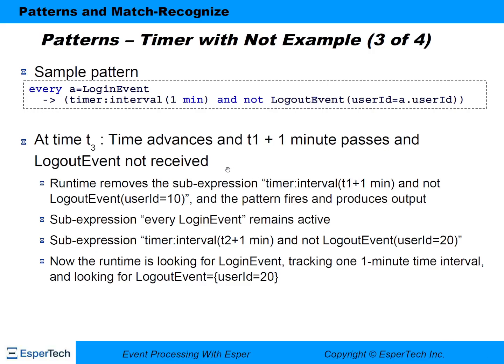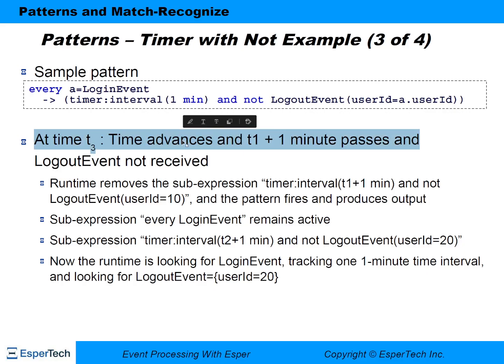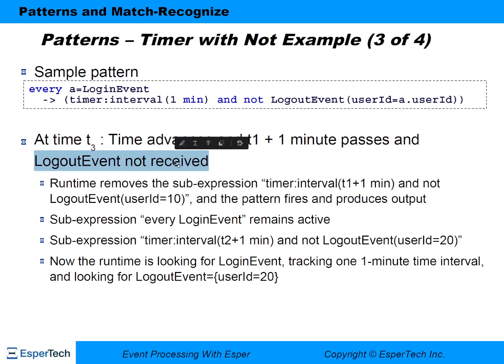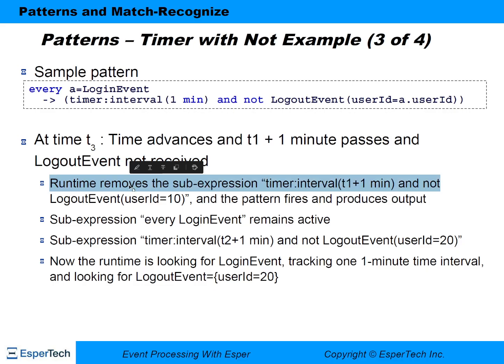This slide continues the scenario started in a previous slide. Assume that at time t3, time advances, and t1 plus 1 minute passes and a logout event is not received. The runtime removes the sub-expression timer interval t1 plus 1 minute and not logout event for user 10, and the pattern fires and produces output.